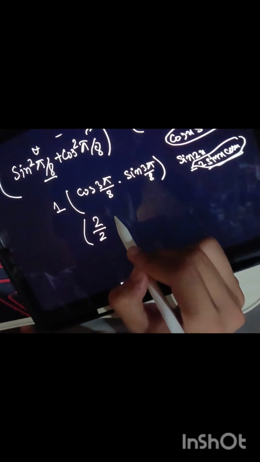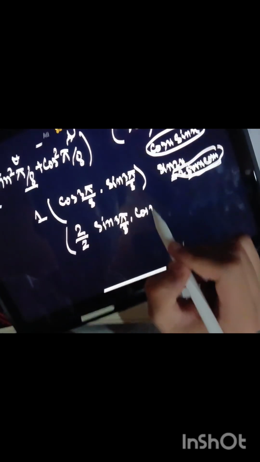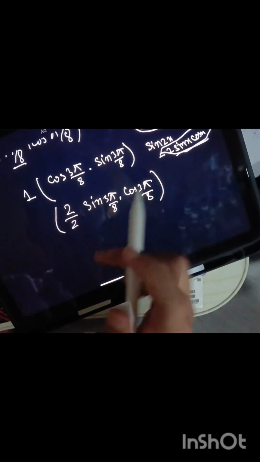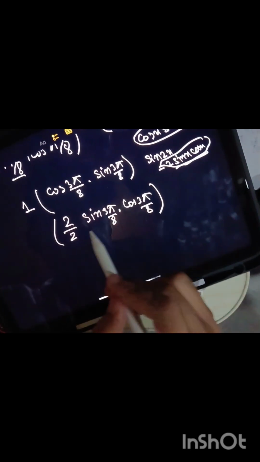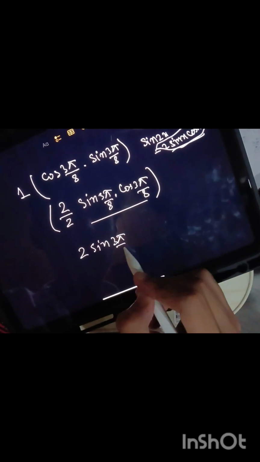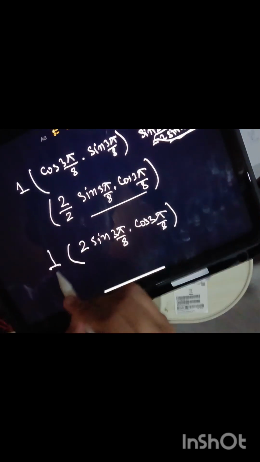If I cancel out 2 and 2, it becomes the same thing again, so there is no change in this expression. So I can write this as 2 sine 3 pi by 8 cos 3 pi by 8, and I will take this 1 by 2 outside.